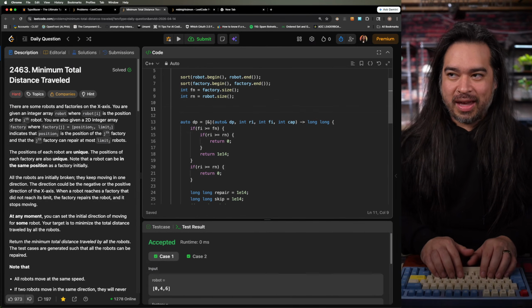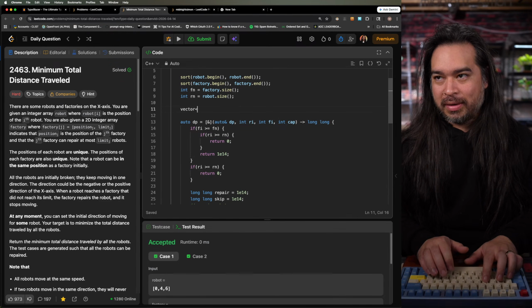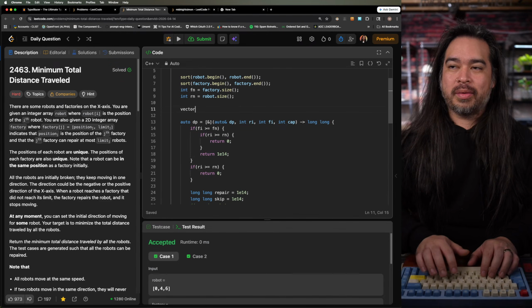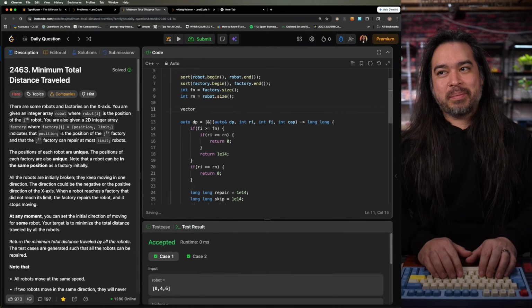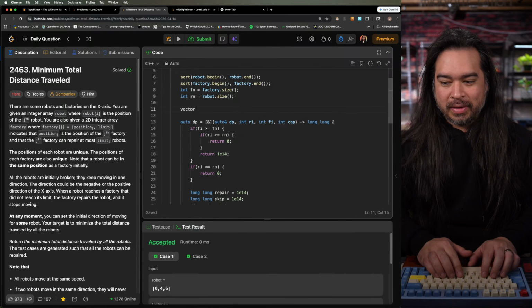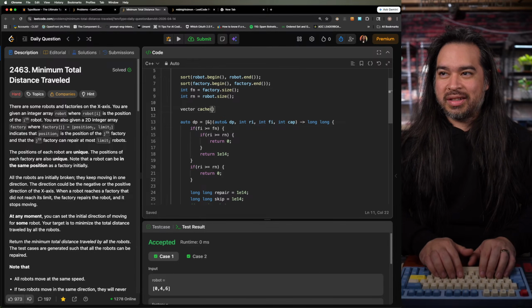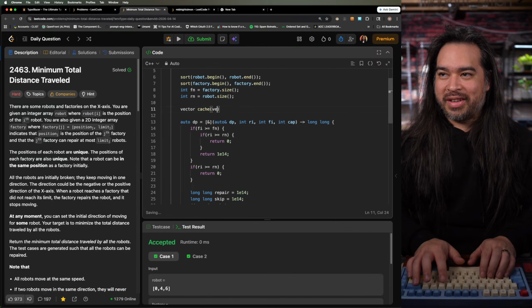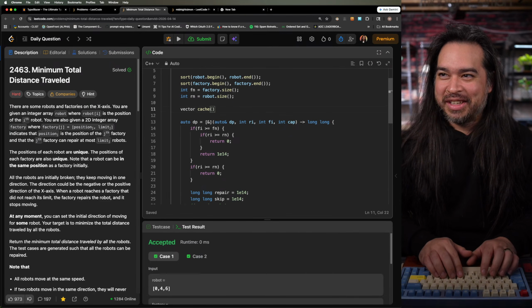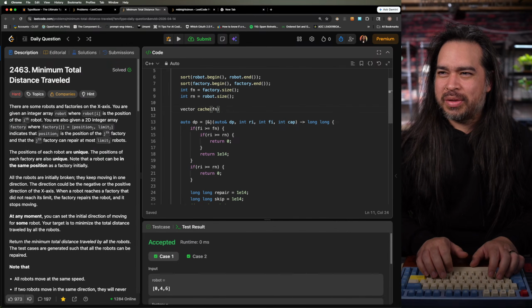Let's try this caching stuff now. All right, man, I forget the syntax. BetSimp, showing me this. So I can just do vector cache, and it's like vector... wait, I forget how to do it, man. I'll just use 100, man.